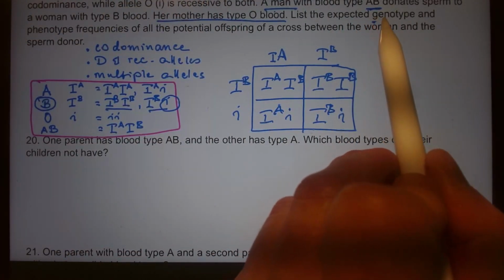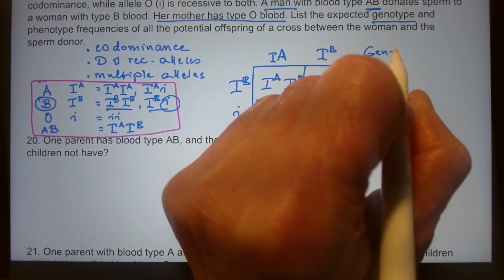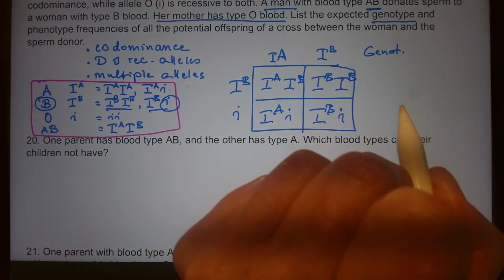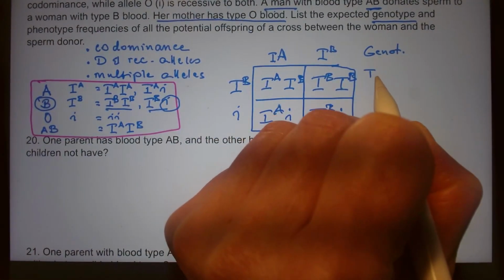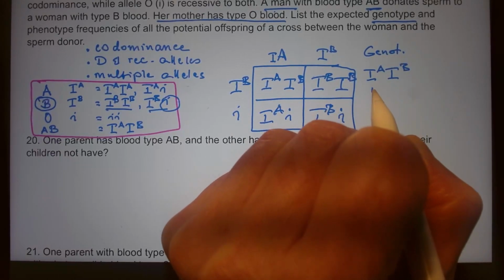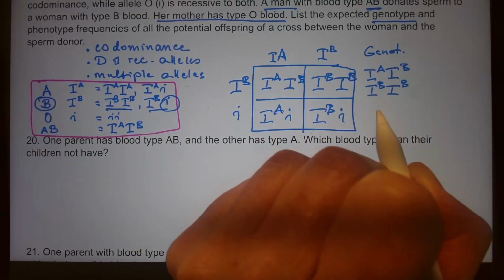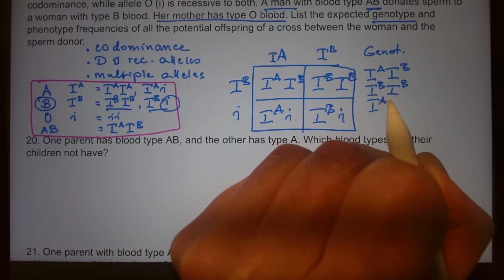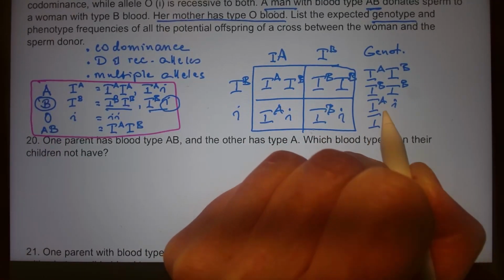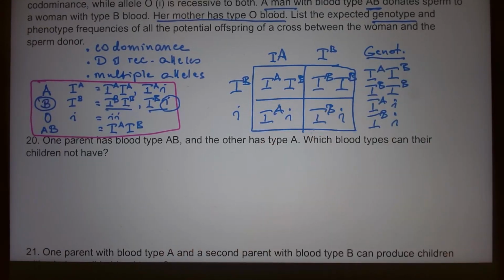List the expected genotypes. It can be I^A I^B, I^B I^B, I^A i, and I^B i. These are the genotypes.